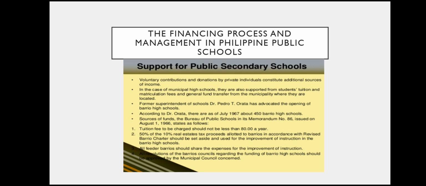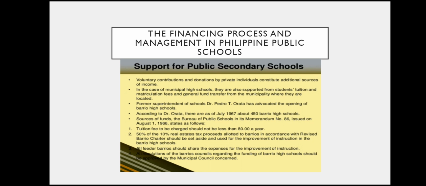And we also have the support for public secondary schools. It says here the tuition fee to be charged should not be less than 80 a year, 50% of the 10% real estate tax. But now it's free for the public schools. So there's no payment that they need to get from the students.